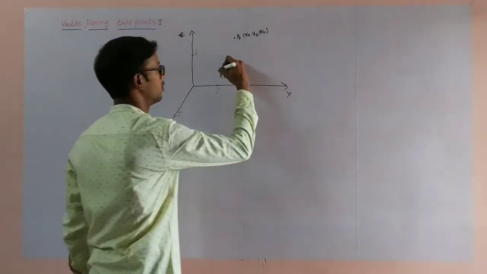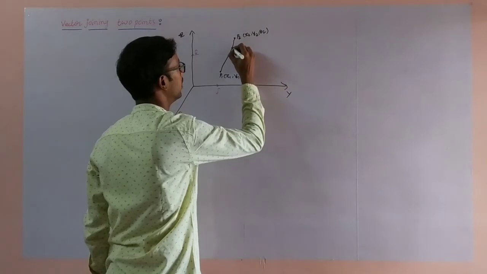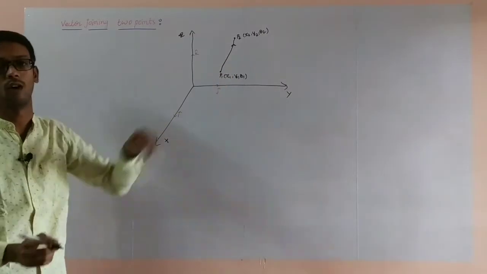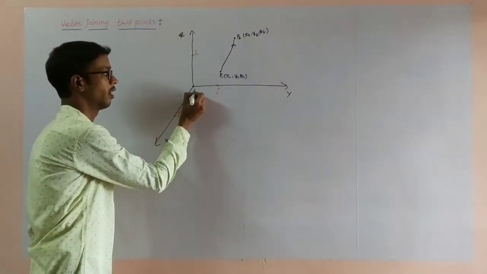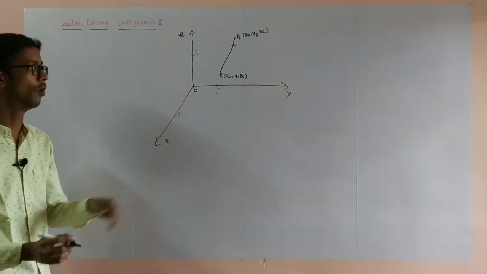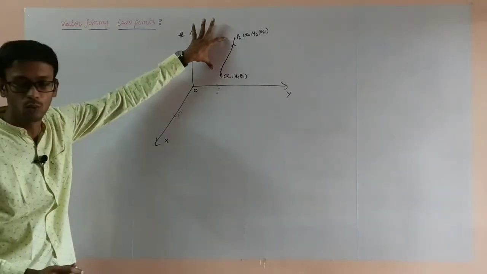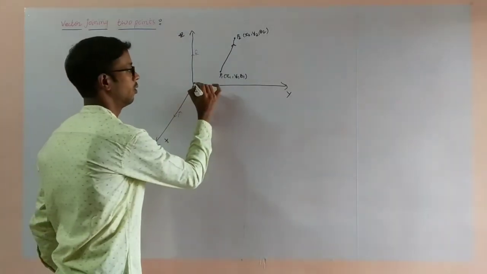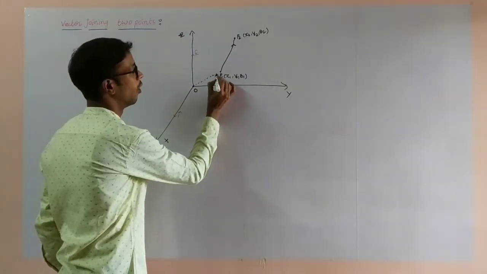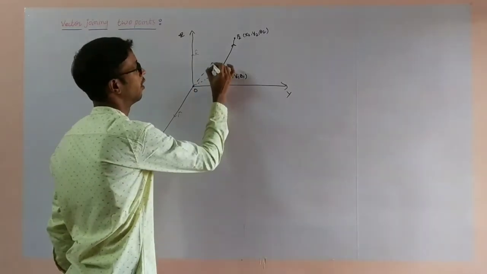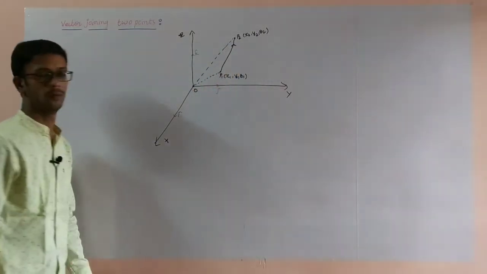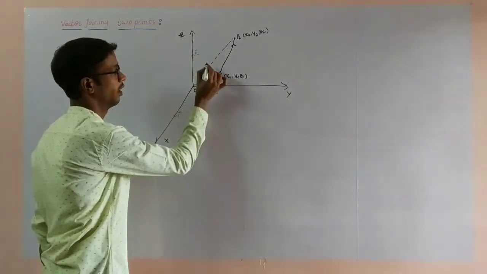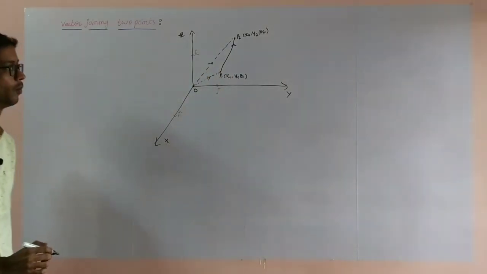Now for the vector joining of these 2 points, from P1 to P2, this vector you have to find. This is the center or origin O. For finding the joining vector, first you have to join O and P1, and O and P2: OP1 and OP2.